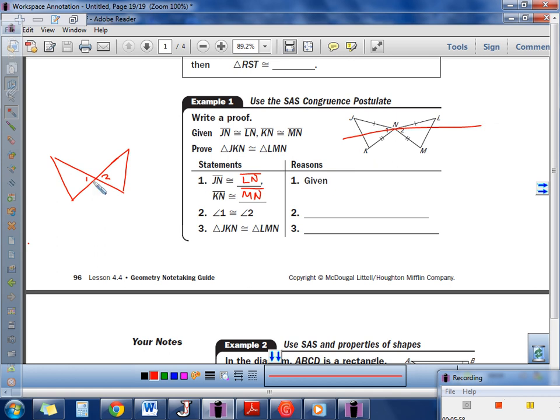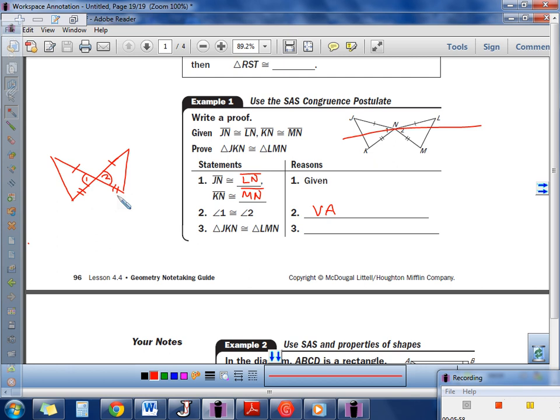If you saw this on a quiz here just recently, why are those angles congruent? Vertical angles. If you put those here, you've got to mark them on the picture. So now we have this on our picture. Now, can I say those two triangles are congruent based on that information?